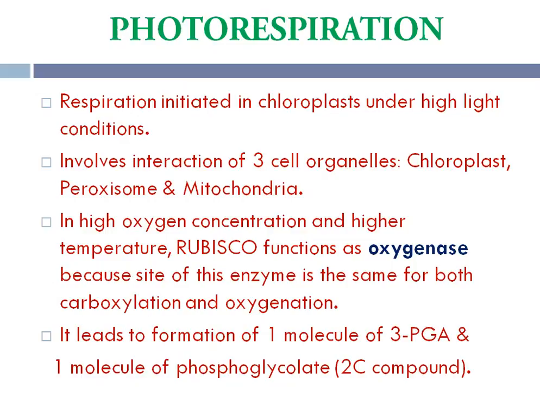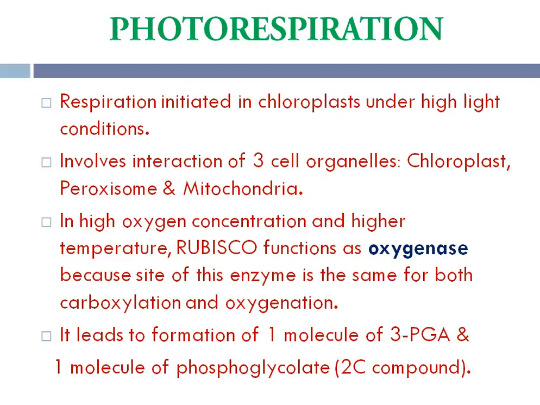In high oxygen concentration and higher temperature, rubisco, that is ribulose 1,5-bisphosphate carboxylase oxygenase, functions as oxygenase because site of this enzyme is the same for both carboxylation and oxygenation.